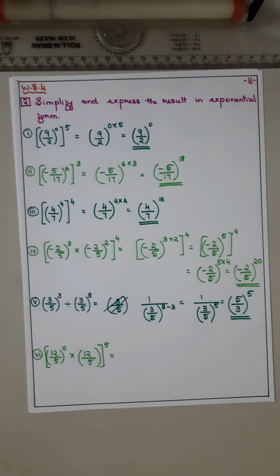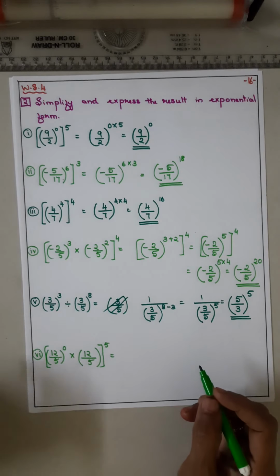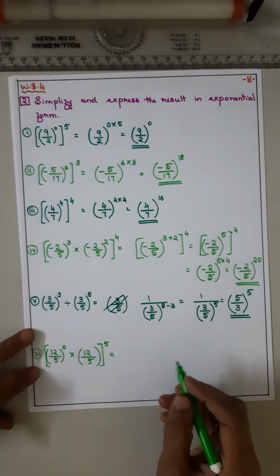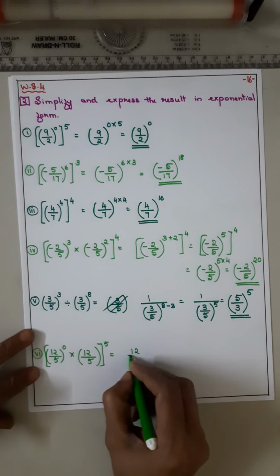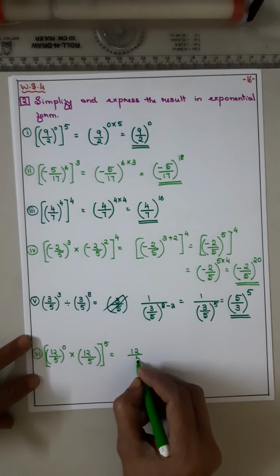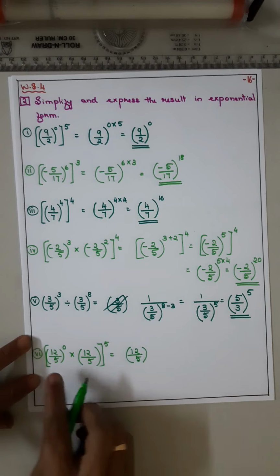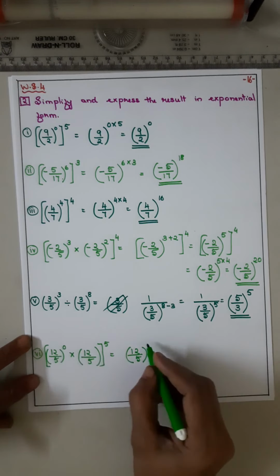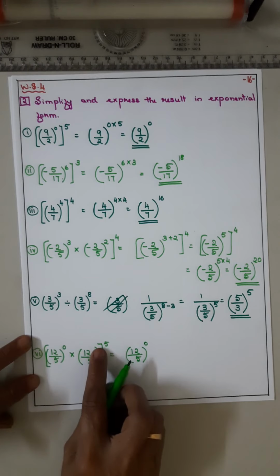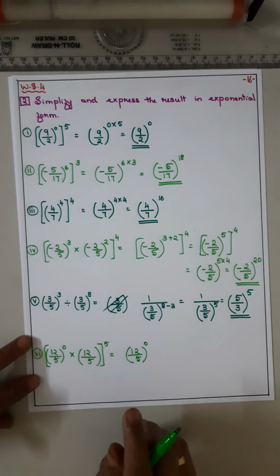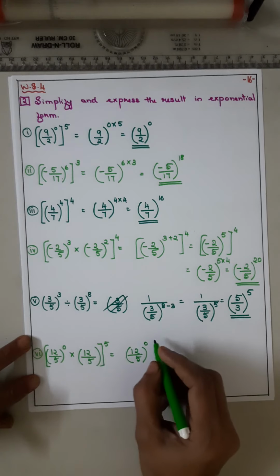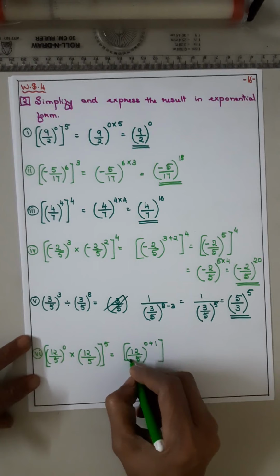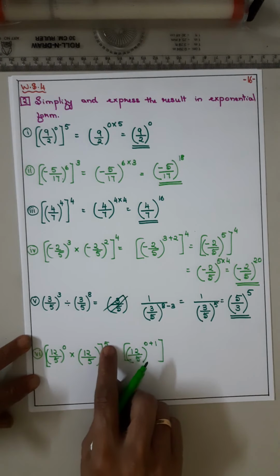Okay, now coming to the sixth sum, 12 by 5. Here it is multiplication, so here the power is 0, here how much is the power? 1, right? It is 0 plus 1. The whole raised to how much? 5.